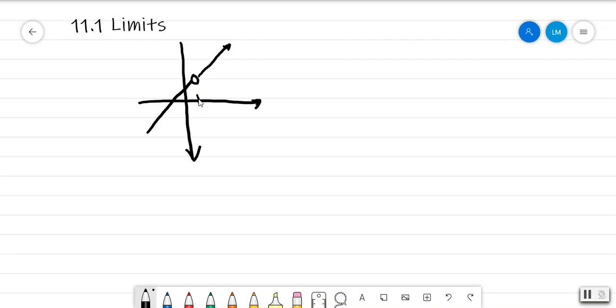So let's say that this is a, and then let's say that this point right here is L. So we normally will write that if we're looking at the limit as x approaches a for f of x, I say that it has to equal the value that it gets closest to.